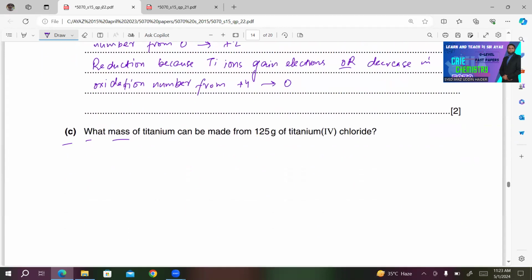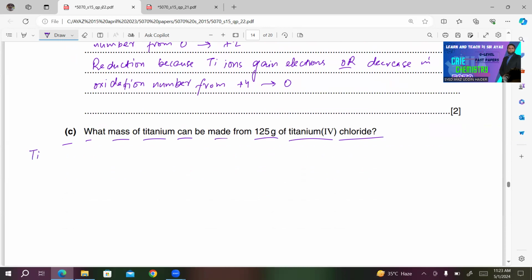Next question, what mass of titanium can be made from 125 gram of titanium 4 chloride? So I will write the equation here for your convenience, so it will become easier for us to calculate.